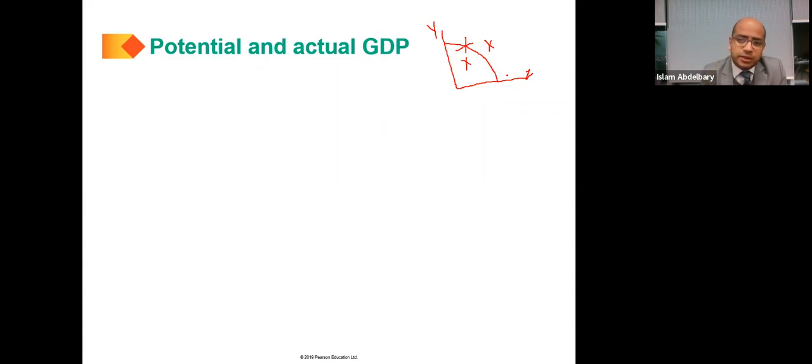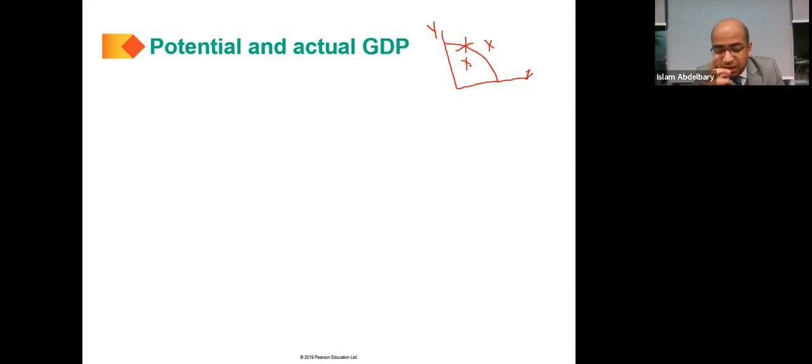While inside the curve, we said this point is not impossible to achieve, but it means there is a wasting of resources. The outside point is not possible in the short term, so it is an unattainable point.